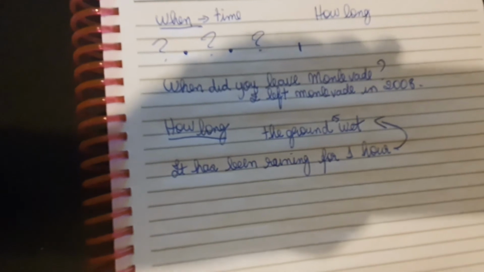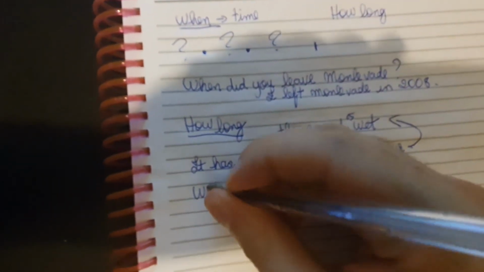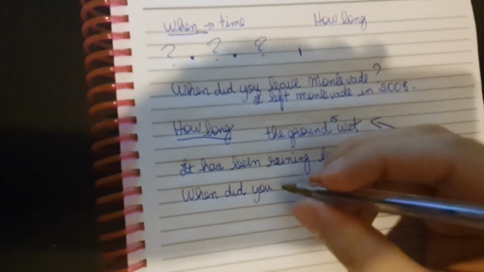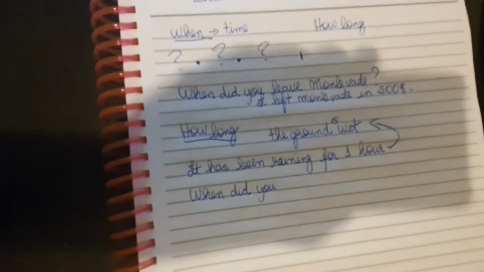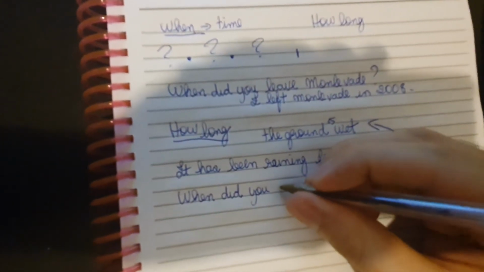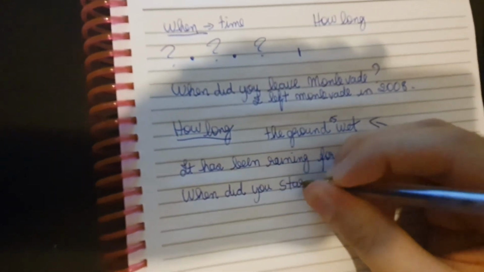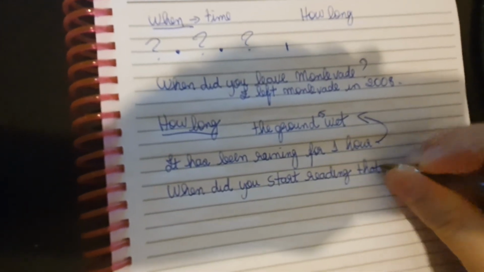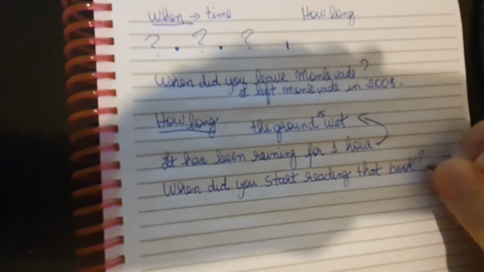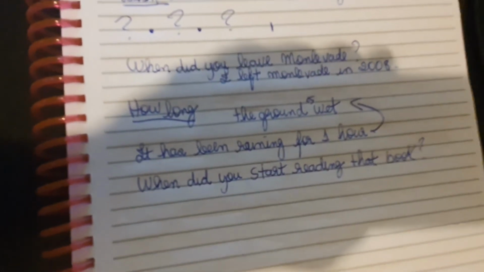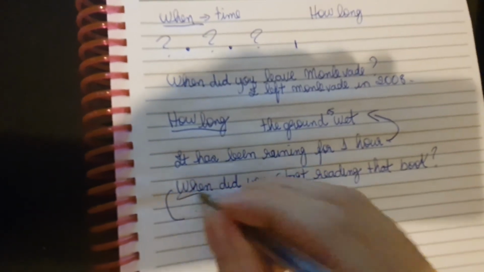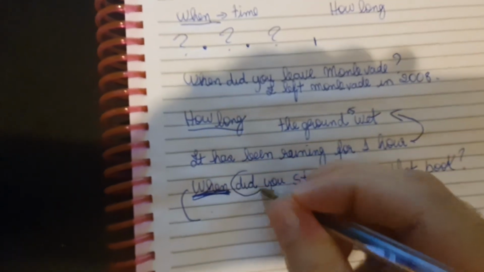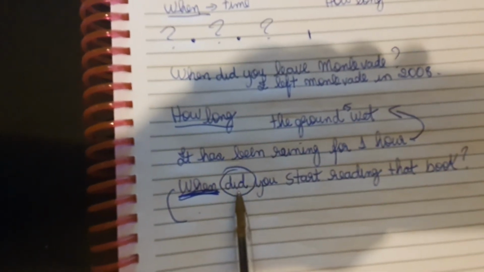Okay, but when you say, for example, when did you start reading that book? When did you start reading that book? And then when is used in simple past expressions. You can see from here the auxiliary verb did.